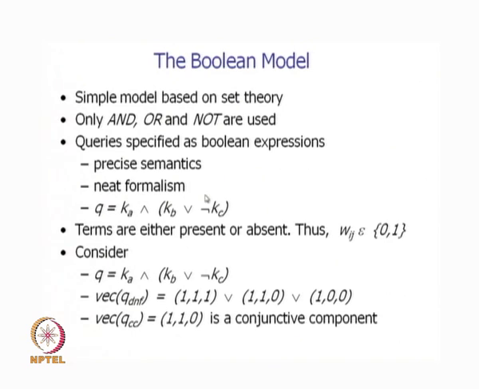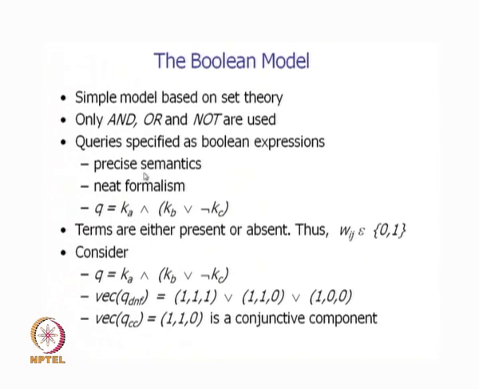So, it is a document which contains k_A and also satisfies the requirement that either k_B is present or k_C is not present. So, one could think of a query based on this particular expression.